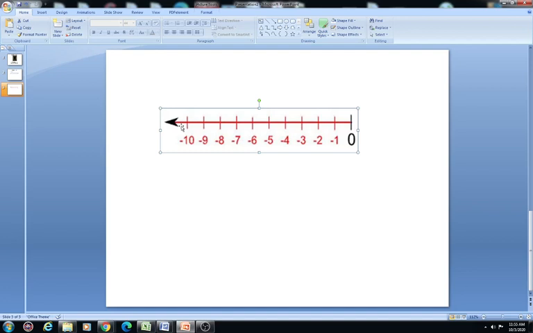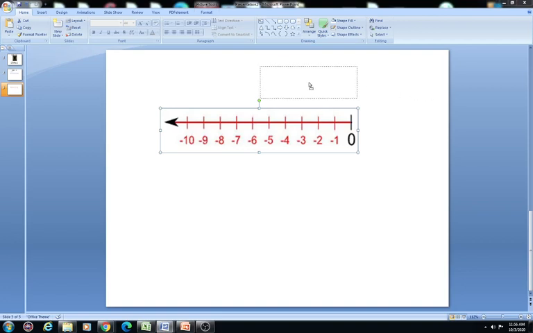They go down in value. -1 is actually greater in value than -2. -6 is less in value than -3. Let that sink in for a minute. Rewind the video, watch it again if you have to. Every step to the left I take, the numbers get less and less in value.